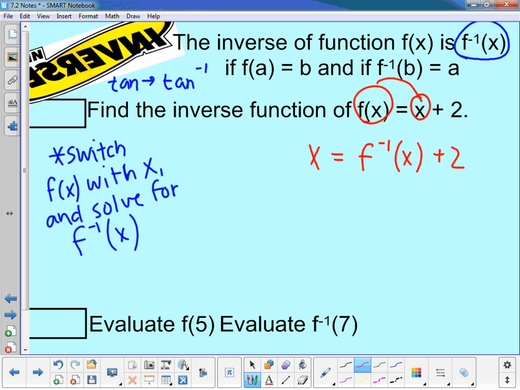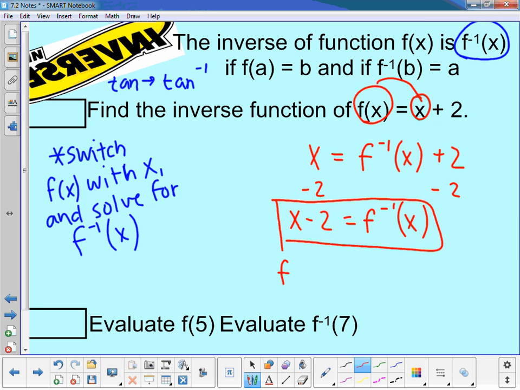Once I switch the x with the f of x, now I'm looking at the inverse, so I have to note that by calling it f to the negative first power. And then I want that function alone. To solve for that, I need to subtract 2, and I have x minus 2 equals my inverse function. Or more appropriately, you'd probably see it written with the f inverse of x in front.